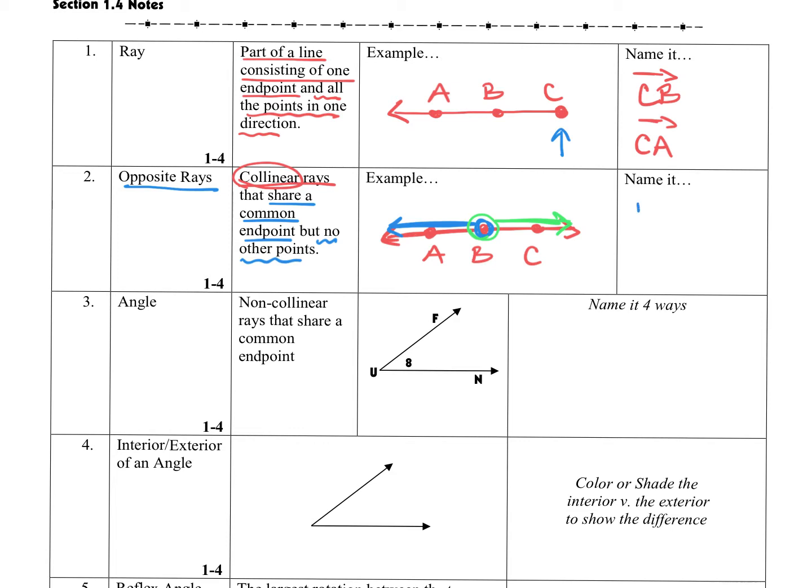So the blue ray is going to start with B, and it's going to go in the direction of A. And we always put the baby ray, the little mini ray on the top. And then the other ray is also going to start at B, but now this one is going to go in the direction of C. Okay, so those would be our two opposite rays. They start at the same point and they're going in opposite directions, creating a nice straight line.